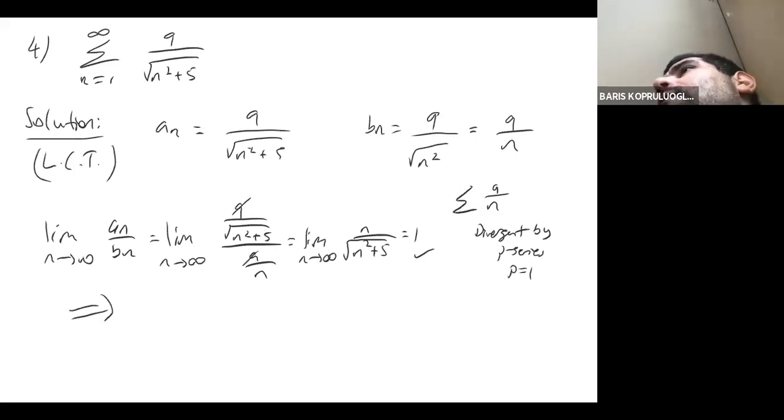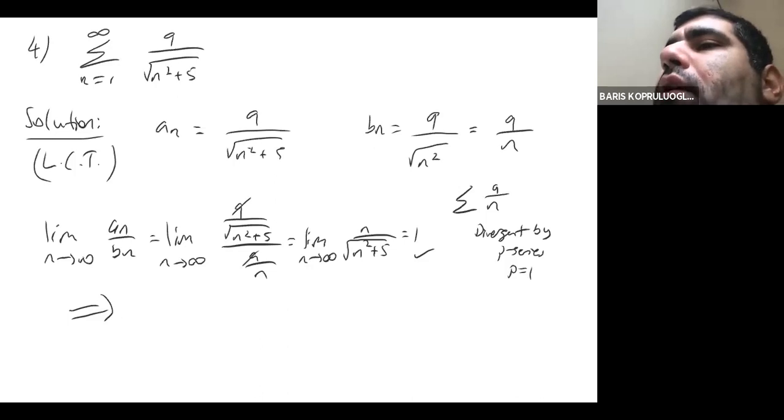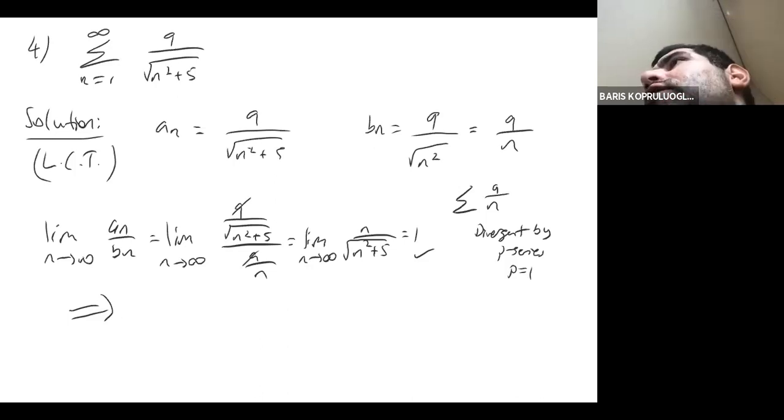Then we can say the series diverges by the limit comparison test, because the limit of the ratio of its terms is greater than 0, and the harmonic series, which is 9 over n, diverges.